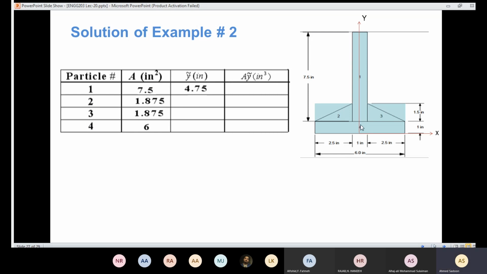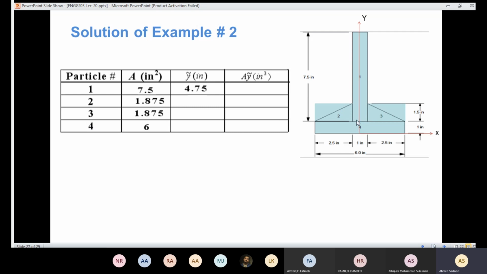Then let's move to part 2. I need to know the y distance of the centroid of that triangle with reference to that point. So here I have 1, and from here to here, the height is 1.5. We know that the centroid is located at 1/3 of the height. 1/3 of 1.5 is 0.5, and then I need to add 1 because the reference is here.